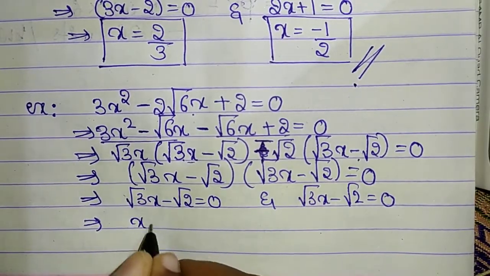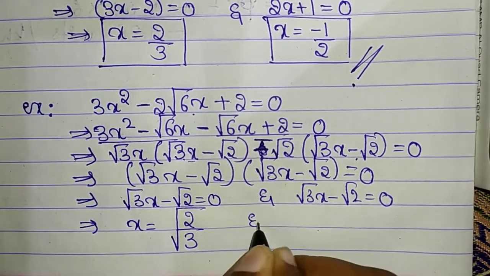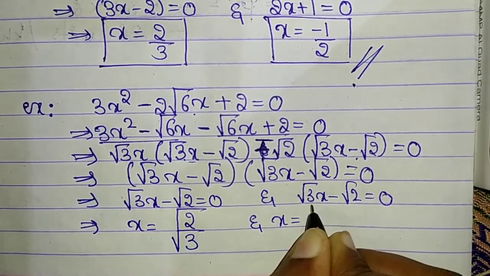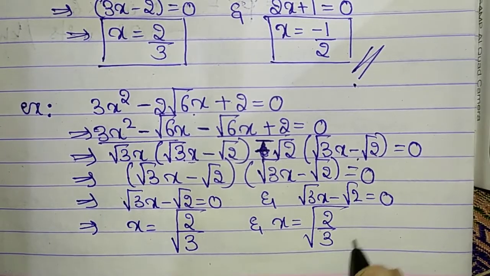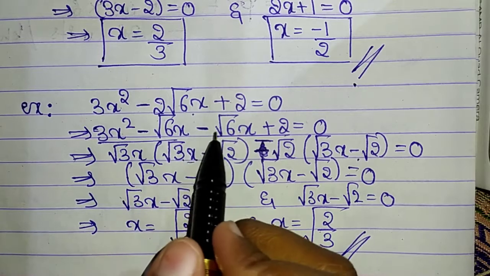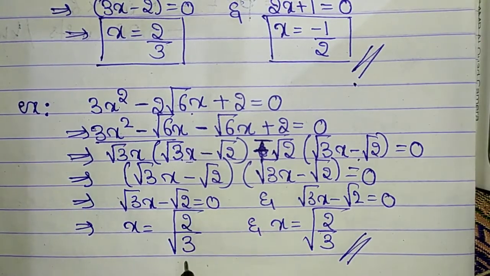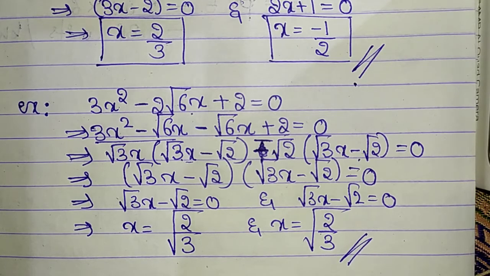We get x equal to under root 2 by 3 and x equal to under root 2 by 3 once again. So this equation has two real and equal roots.